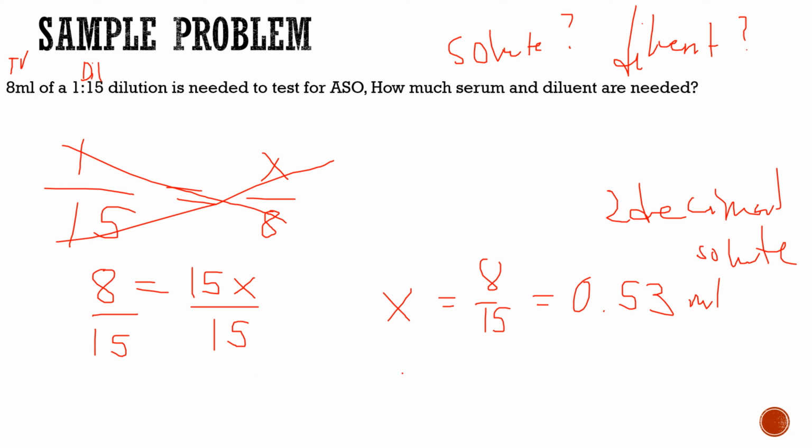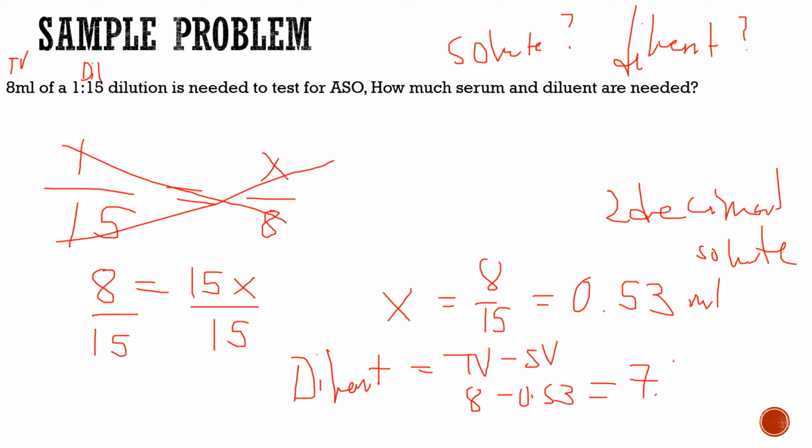And so you're already aware of the solute, you now want to find the diluent. So again, the formula for the diluent is total volume minus solute volume. So ang total volume nyo dito is 8 minus 0.53. You would get 7.47 ml.